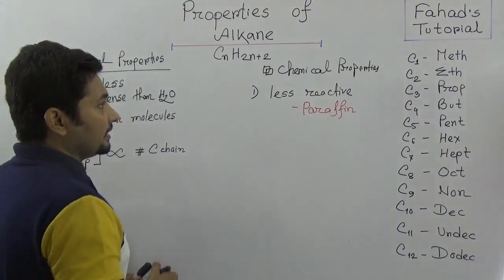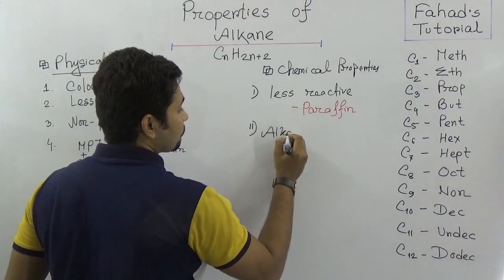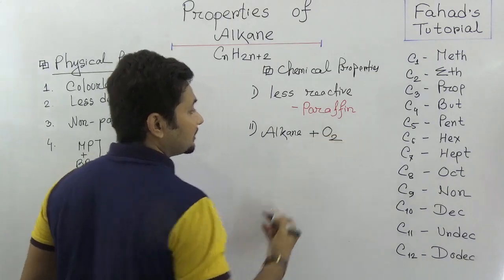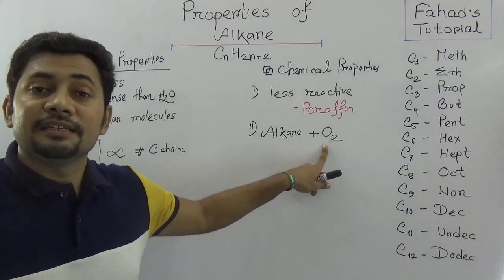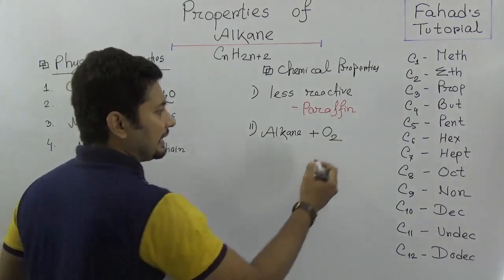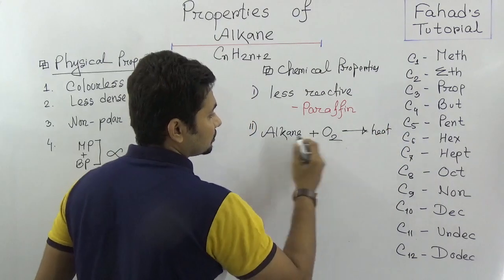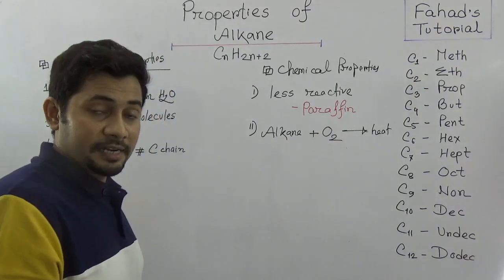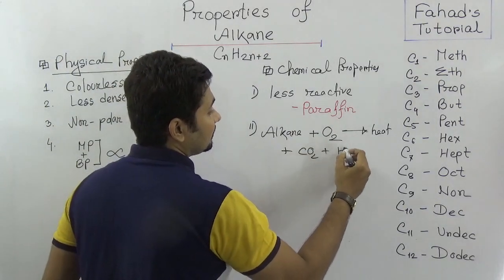Number two, in case of chemical properties, when alkane undergoes combustion reactions, reacting with oxygen, it produces huge heat energy. This is a hydrocarbon, so when oxidation of hydrocarbon happens, it produces carbon dioxide and water.